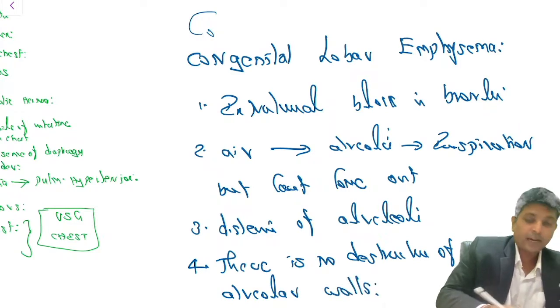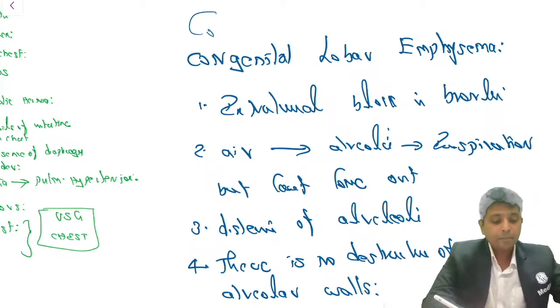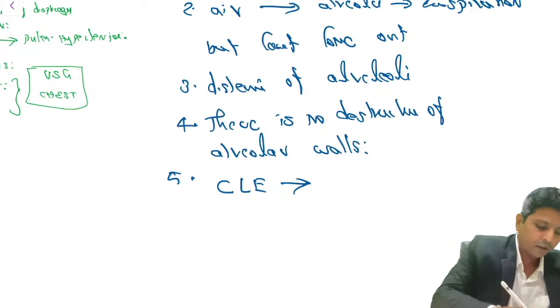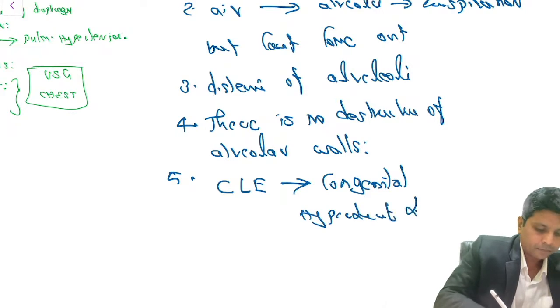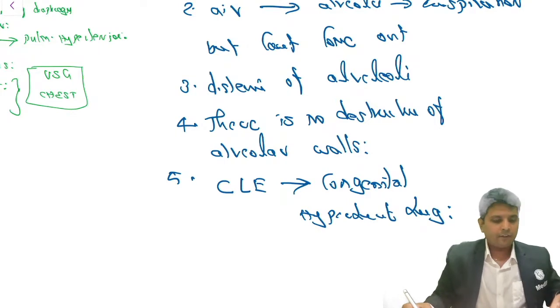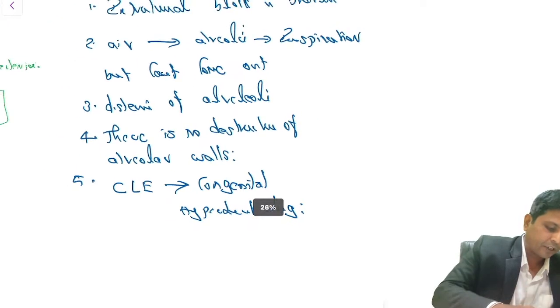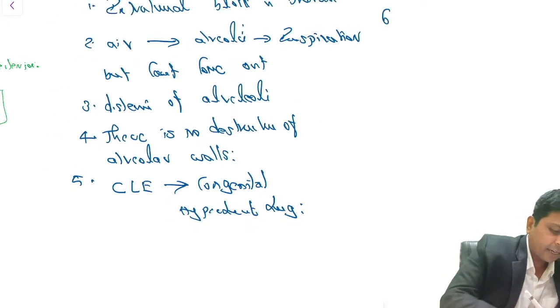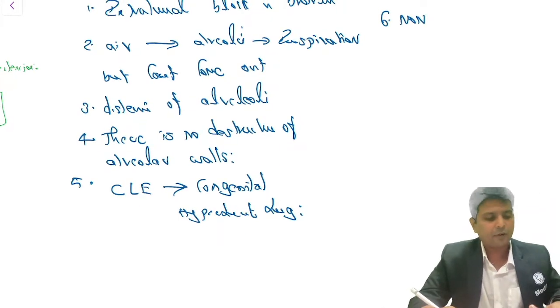That's why congenital lobar emphysema is nowadays replaced by a new term, congenital hyperlucent lung. And what are all the manifestations? These are non-functioning alveoli, even though there is no destruction of alveolar wall.